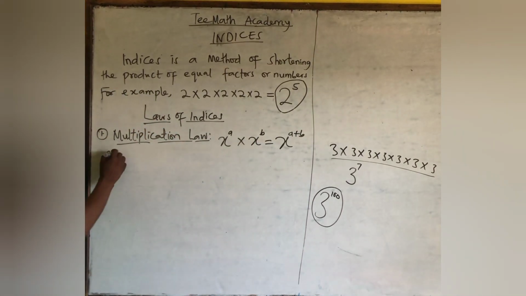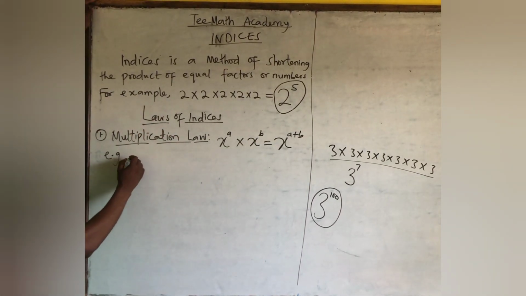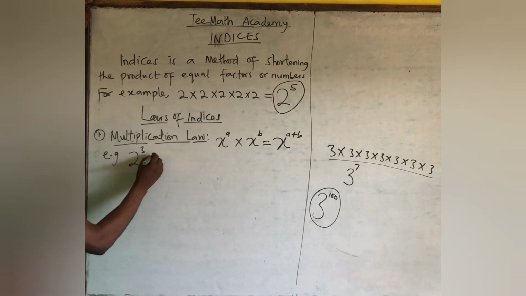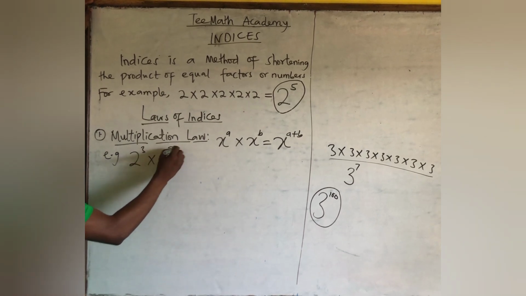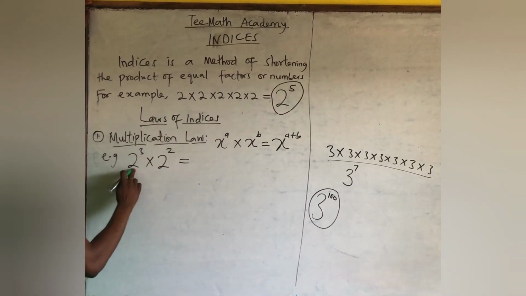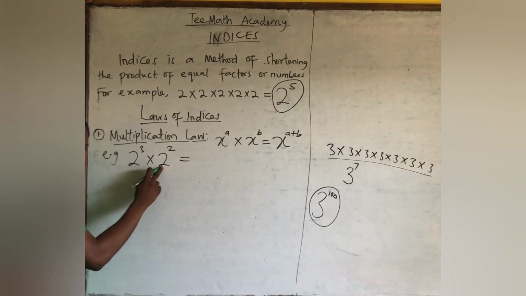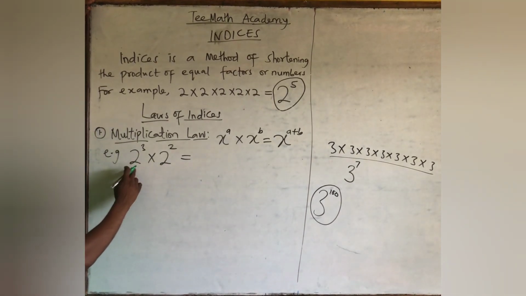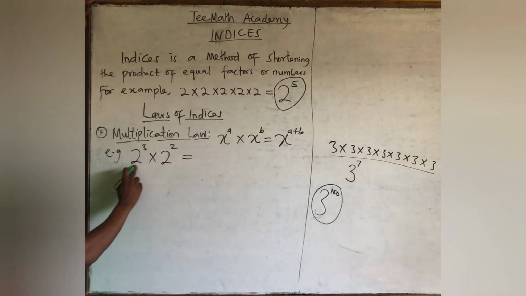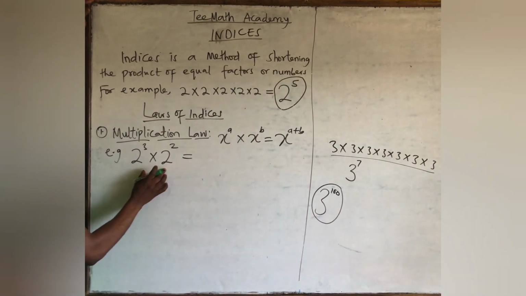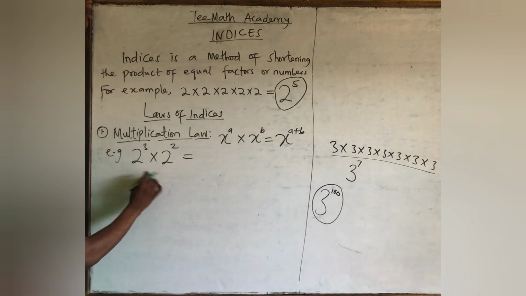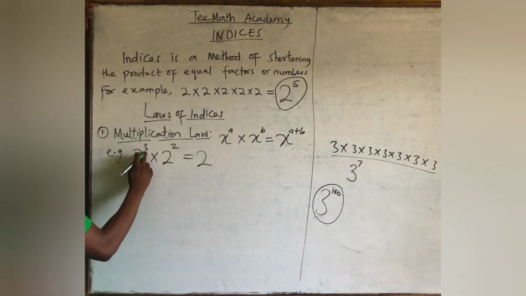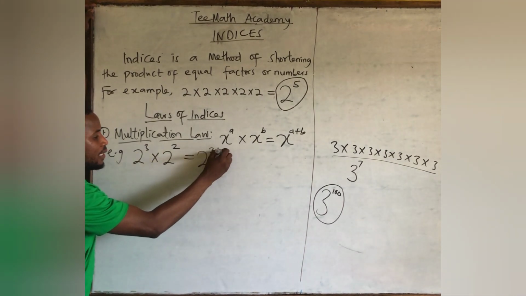An example is I can have 2 raised to power 3 times 2 raised to power 2. What do I do here? You see that these are the base and they are equal. When equal bases are being multiplied, we pick one of the base and add the powers together.